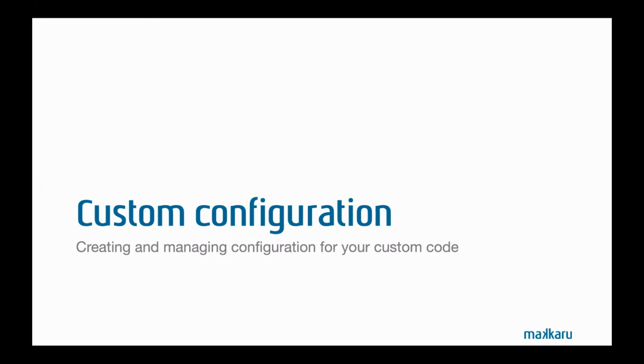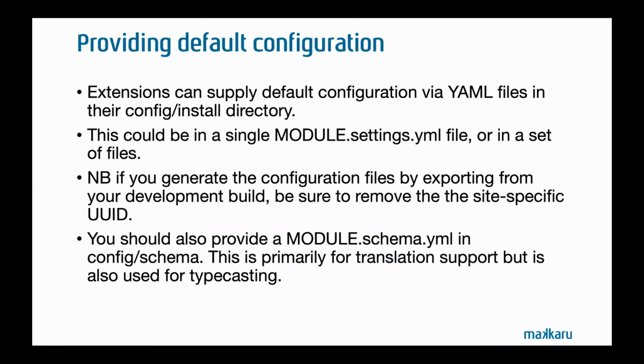So a couple of quick comments about default configuration. Any extension can supply default configuration, and you put the YAML file with the configuration in the config install directory for the extension.